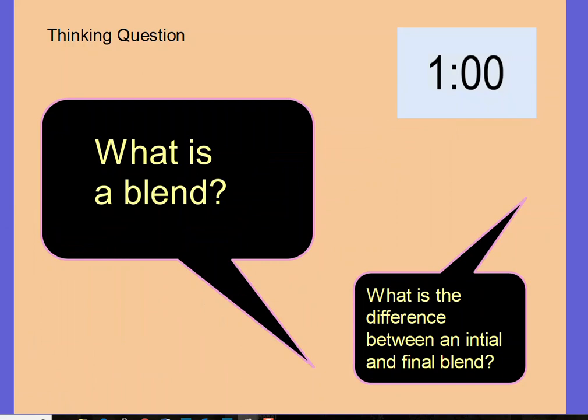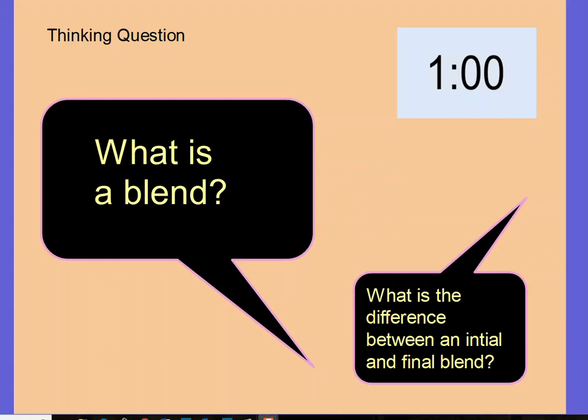Okay, so what is a blend? I'm going to put the camera on for you guys to see this one. So, we know a digraph is two letters that make one sound. A blend is two letters blended together. So they're still making two sounds, but they make a slightly different sound when they're together.